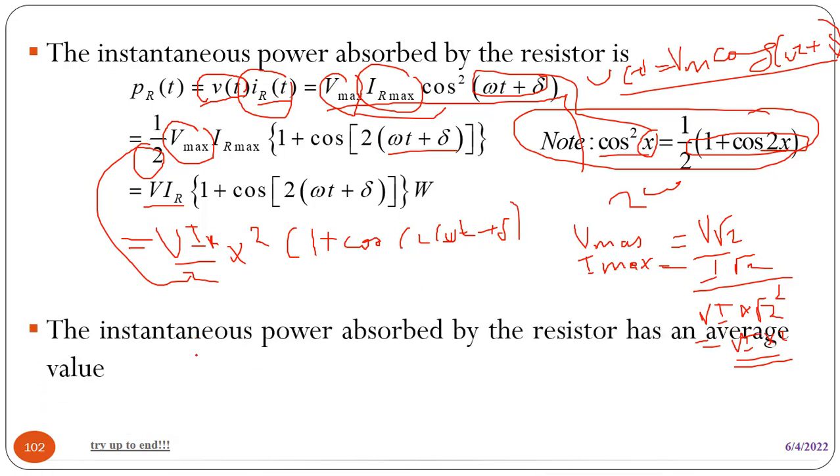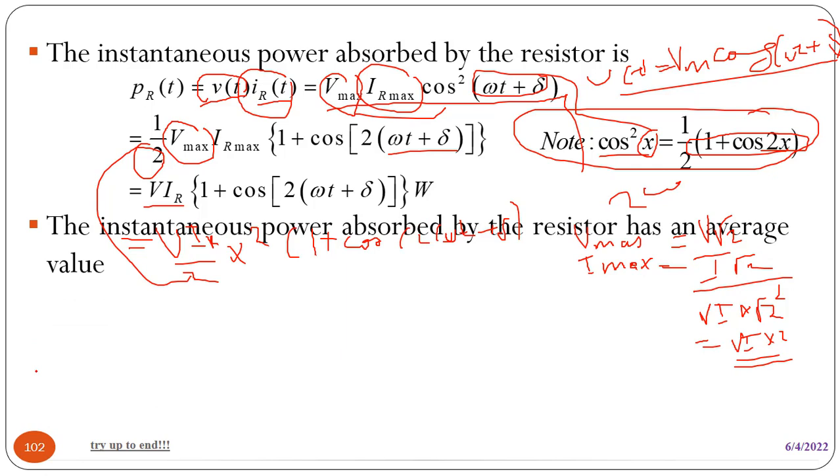Therefore, the instantaneous power p R of t is equal to the product of the voltage times I R times 1 plus cosine of 2 omega t plus sigma, which is for a resistive load.